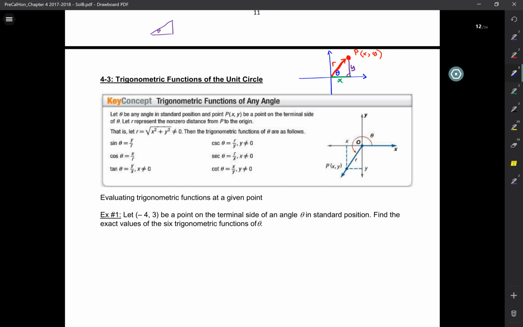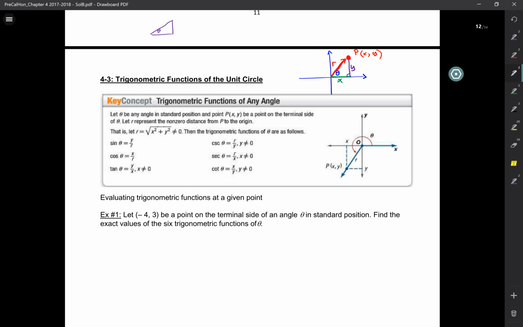So if I wanted to find the sine, would I always be looking for the x or the y? The y. If I wanted to find the cosine, would I always be looking at the x or the y? Yes. The x. So now I could just dump all of that terminology about opposite and adjacent and hypotenuse and horizontal and vertical.